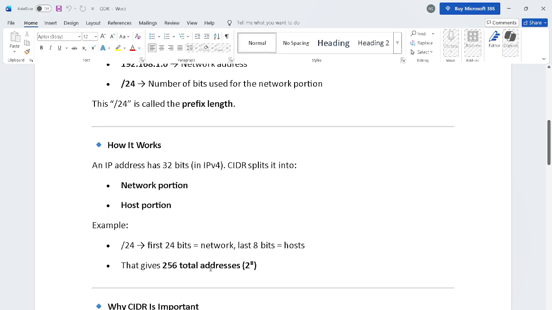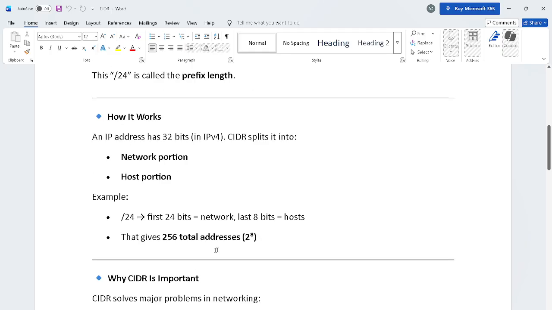So that is how it divides. /24 is always network bits, and the remaining are host bits. That gives 256 total addresses. How many host bits? 8, right? We have to use 2 to the power of 8, so 2 to the power of 8 becomes 256.